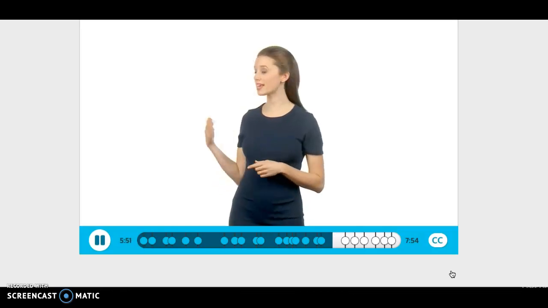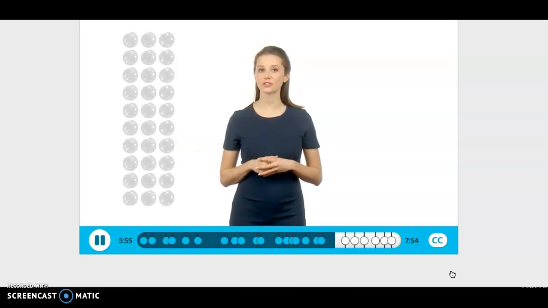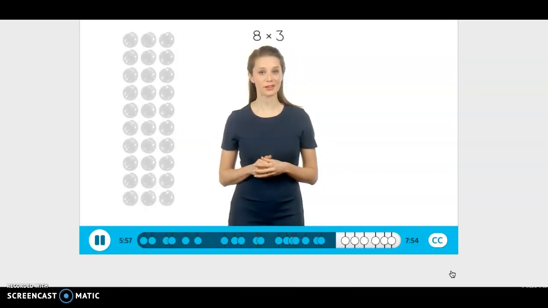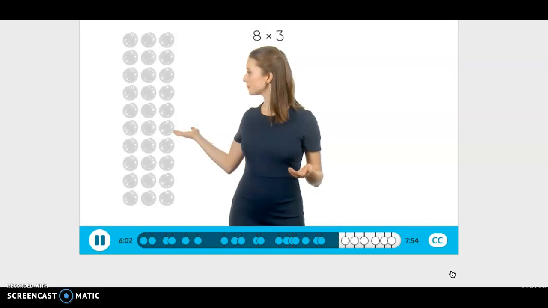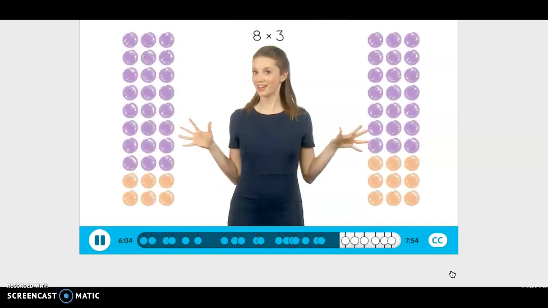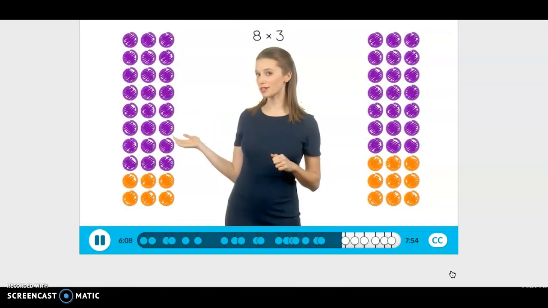Let's try another. We will work with an array that shows 10 times 3 again. This time, let's use it to find the answer to 8 times 3. Help me pick an array that shows 8 times 3. Is it 10 threes minus 2 threes?